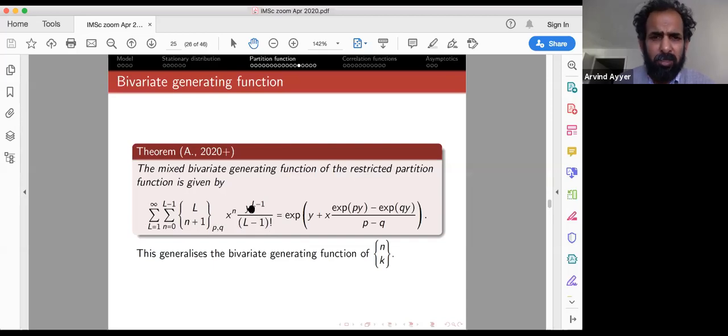And notice that I have to do the shift. That's just for technical reasons. Then I again get a nice, beautiful double exponential formula. And those of you who are fast at computation, you'll notice that if you set P equals 1 and Q equals 0, you don't exactly get back the same formula as the Stirling numbers, but it's just off by a shift. Nothing serious.